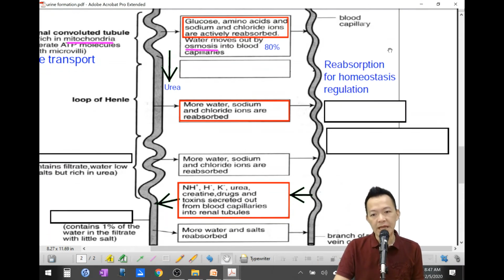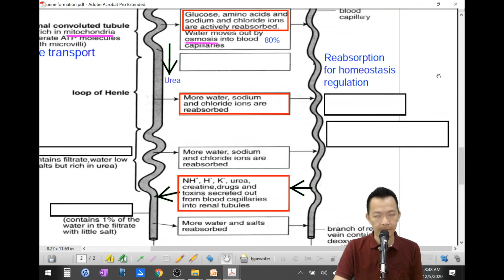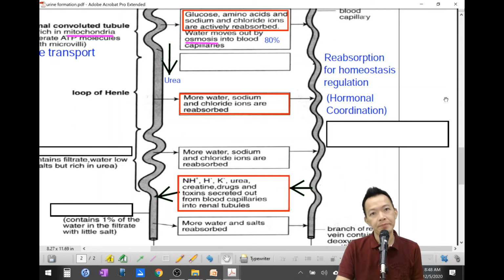So the reabsorption takes place here for homeostasis regulation. We absorb things back to keep the body balanced. Homeostasis is the body's balance, and regulation keeps the body balanced. And remember, all these are controlled by hormonal coordination, as written earlier.